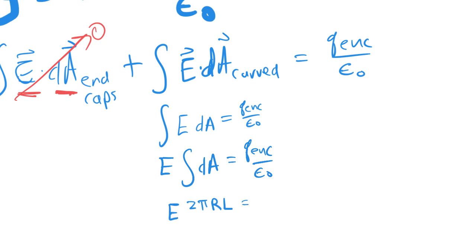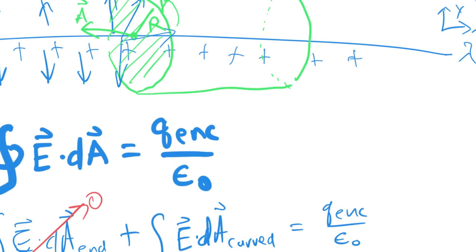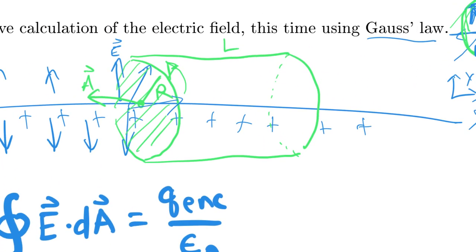And then Q enclosed is going to be lambda times L, because the amount that is enclosed is just this part, from right here to right there.